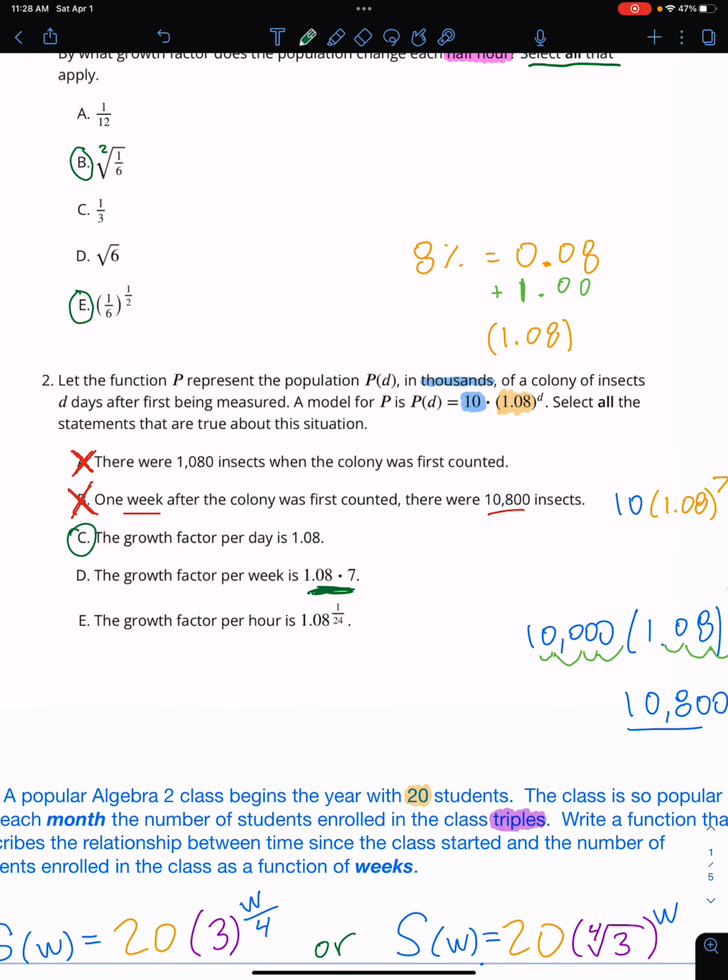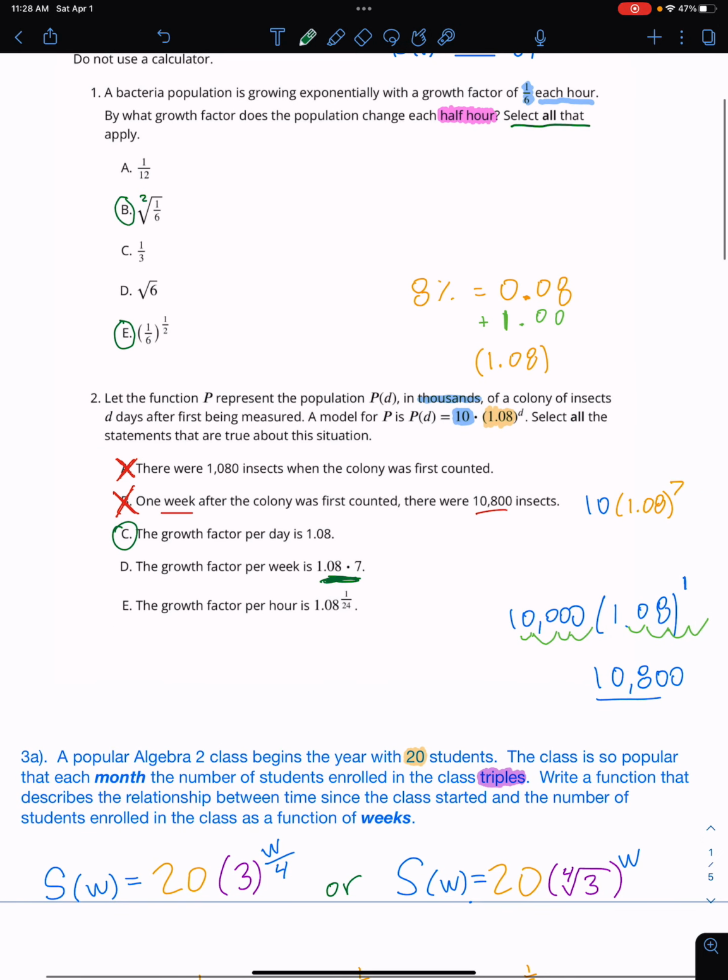We're not going to multiply 7 times 1.08. Basically, each day that goes by, we're going to go times 1.08, times 1.08, times 1.08, times 1.08. This is each day that passes, right? So you do this 7 times.